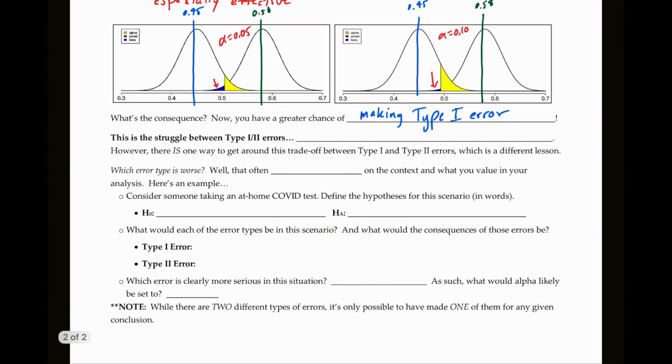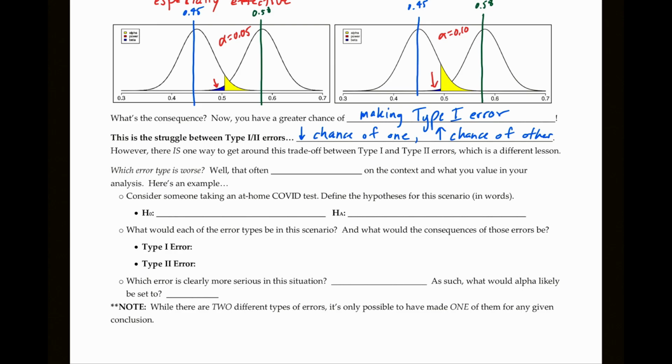That's the struggle between type 1 and type 2 errors, okay? Because as you decrease the chance of one type of error, you increase the chance of the other. That's the trade-off here. They're a yin and yang, if you will.